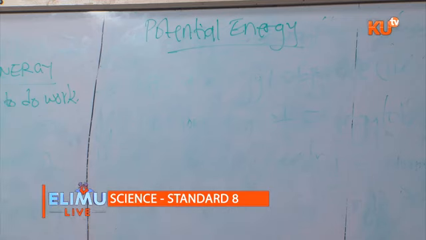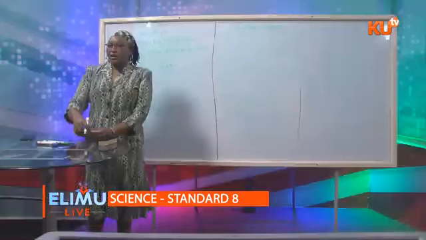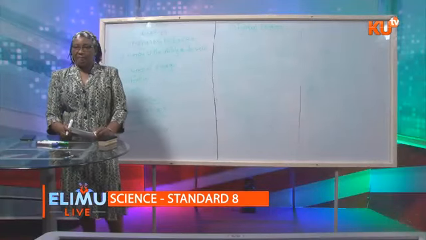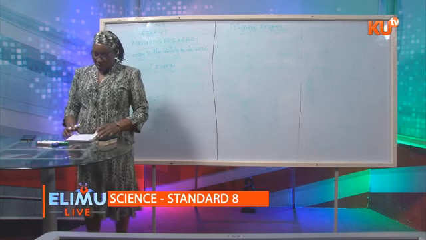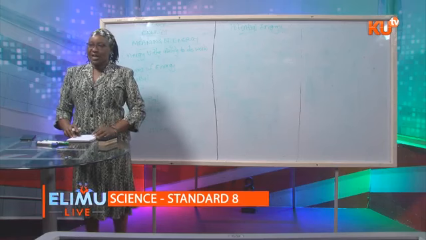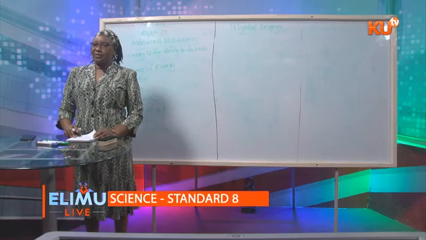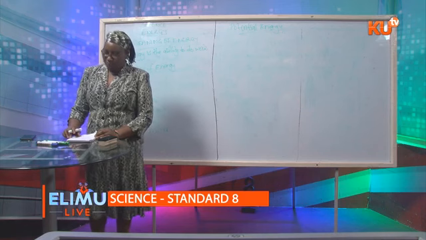We have said that potential energy is energy which is at rest, energy which is not being used. This is what we call potential energy. It is also called reserved energy because you are not using it. You have reserved it, maybe for later use.